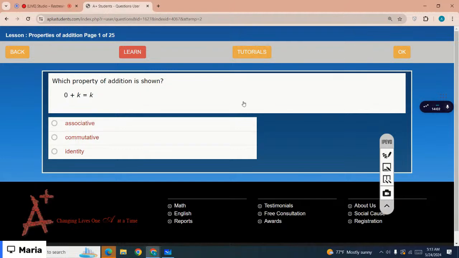That is the identity, right? Associative property involves three numbers, with three numbers on both sides. Commutative property involves two numbers on both sides, just the order of writing is different. Identity means if you add 0 to any number, the number stays the same. So that is identity.